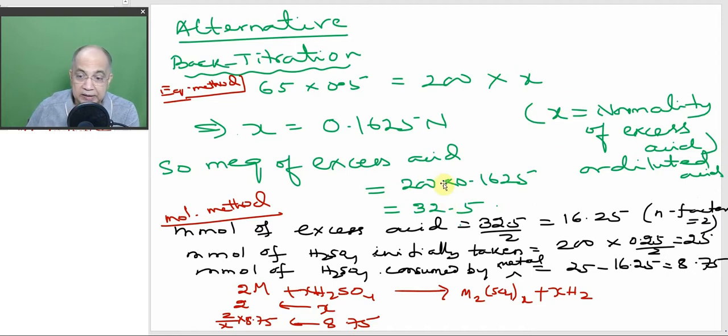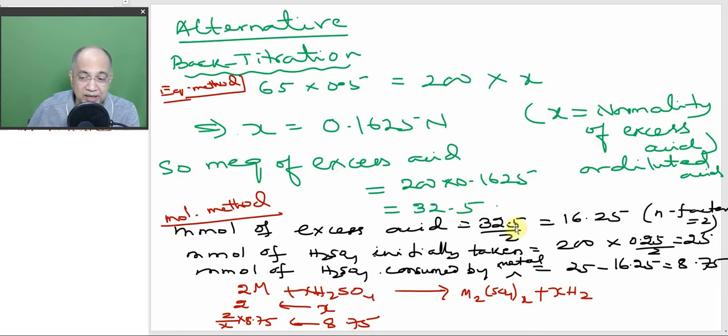We got the MEQ of excess acid, and immediately we converted it into millimoles, because we have to climb the ladder in mole concept, mole method. So the number of millimoles of the excess acid is 32.5 divided by 2.